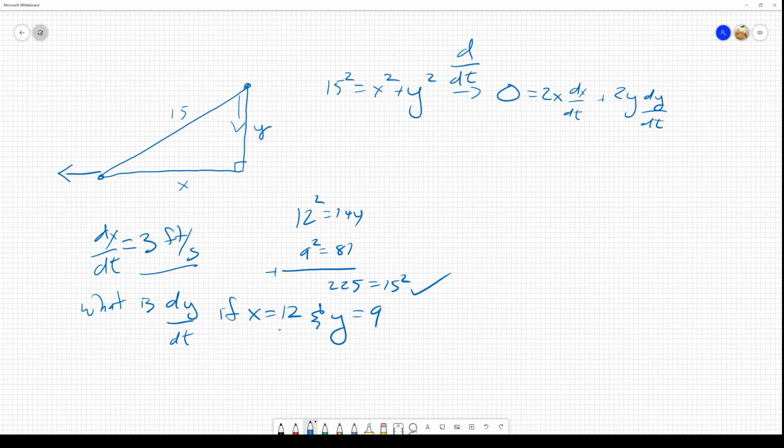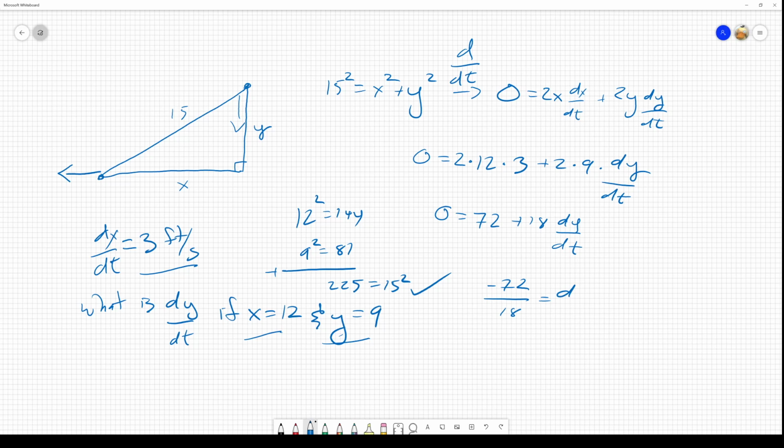I know that dx/dt is 3, this is 12, this is 9. So I get 0 is 2 times 12 times 3 plus 2 times 9 times dy/dt. So that's 0 is 72 plus 18 dy/dt. So negative 72 divided by 18 is dy/dt, and that number is negative 4 feet per second.